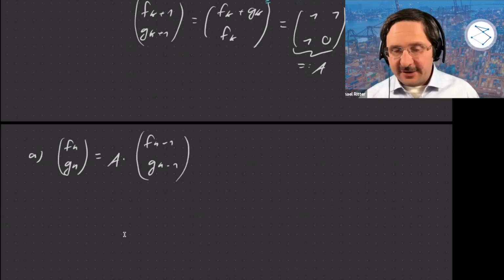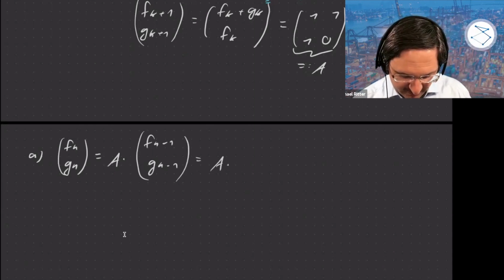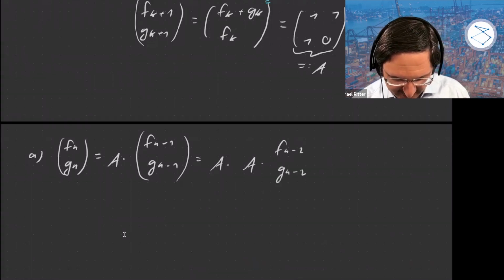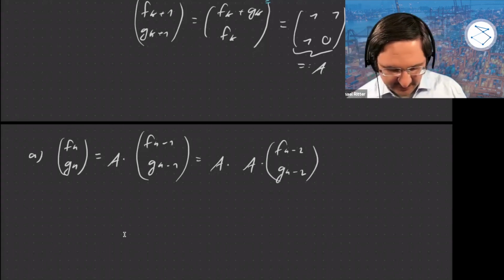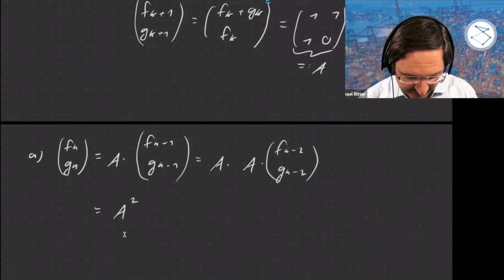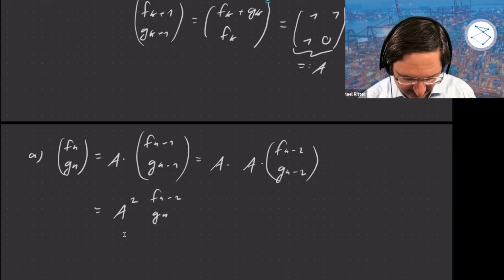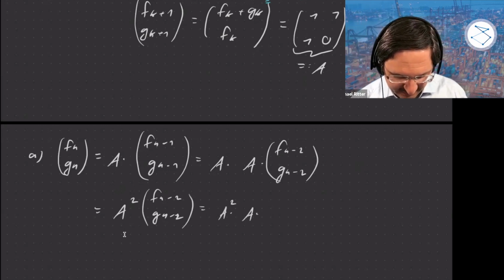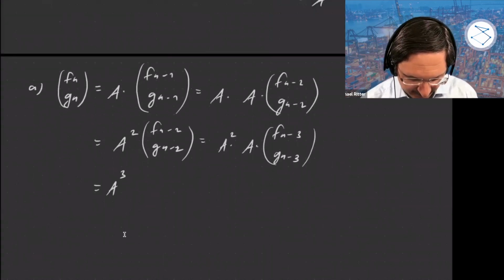And we know that (f_{n-1}, g_{n-1}) is A times (f_{n-2}, g_{n-2}). So this is A squared times (f_{n-2}, g_{n-2}). And we can go on. This is A squared times A times (f_{n-3}, g_{n-3}), so A to the power of 3 times (f_{n-3}, g_{n-3}).